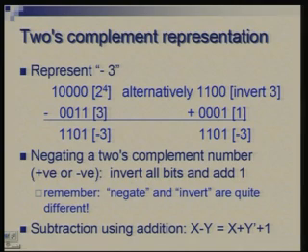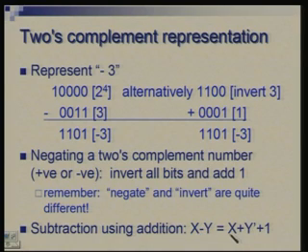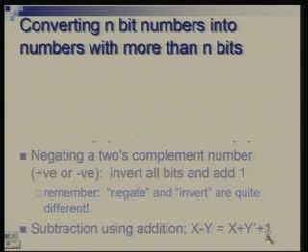Minus y can be looked upon as 1's complement of y together with a 1, okay, right. So basically this subtraction can be looked upon as addition of x and minus y, and minus y is this, right.